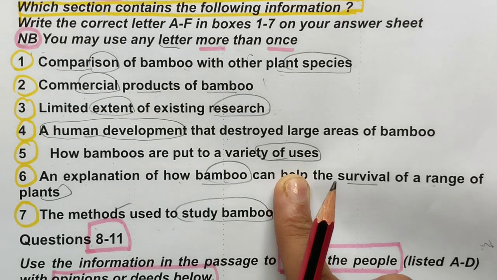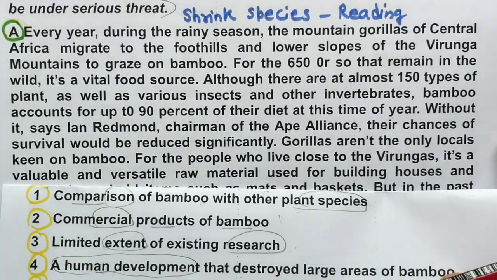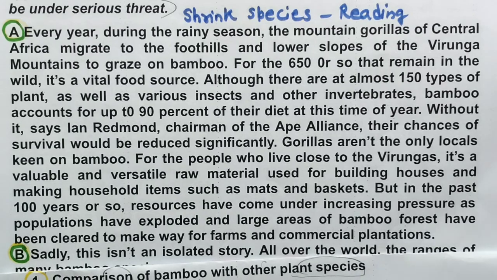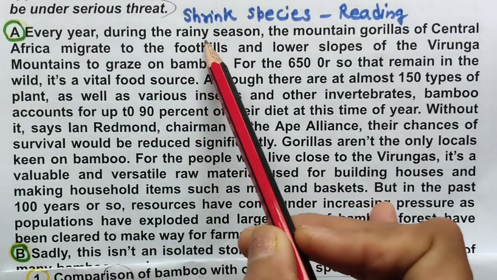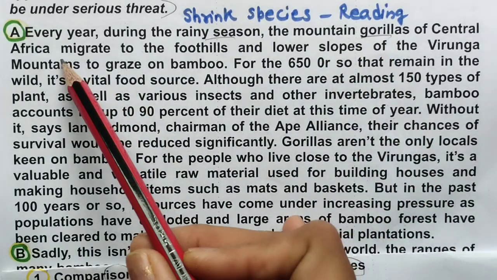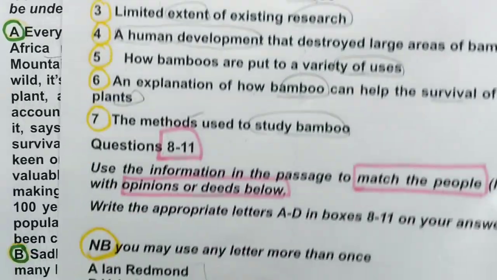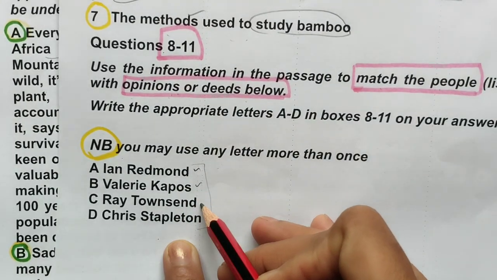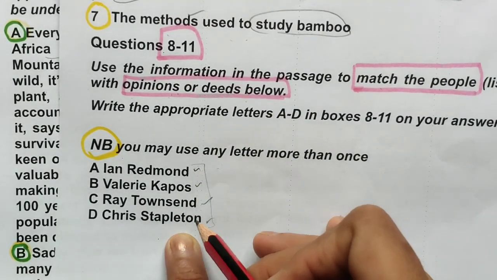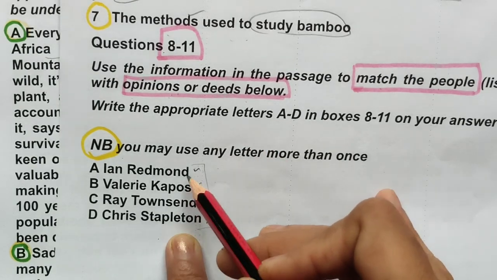Now let's move to paragraph A. We will just try to find if anything is matching, so pause the screen and read it. Every year during the rainy season, the mountain gorillas of Central Africa migrate to foothills. And side by side, just read all the names, because we have to circle these names, so it will be easier to find the location.